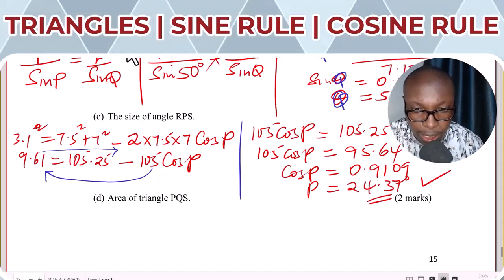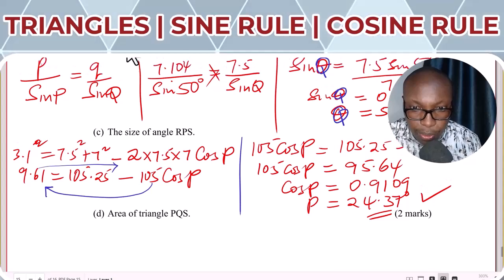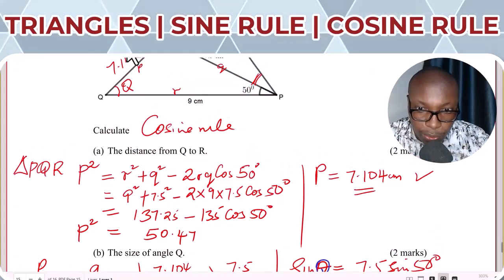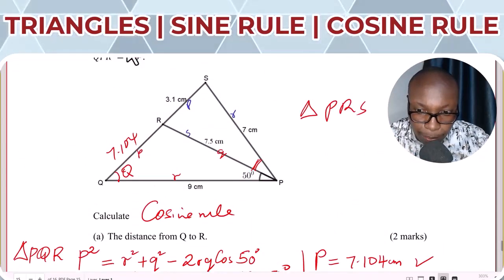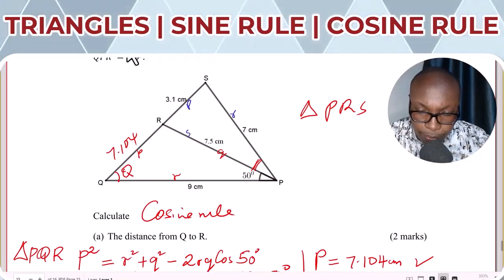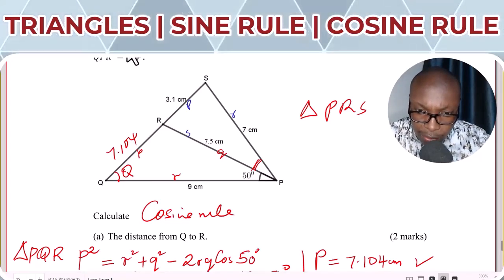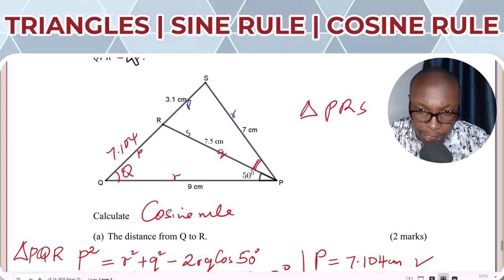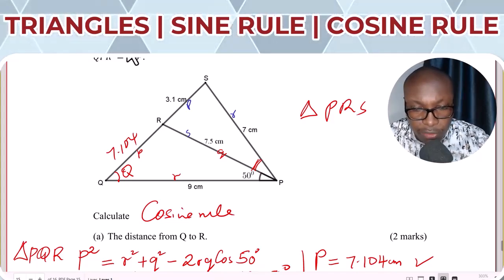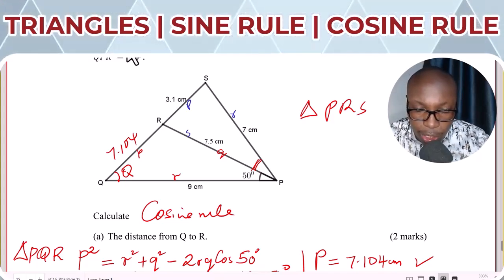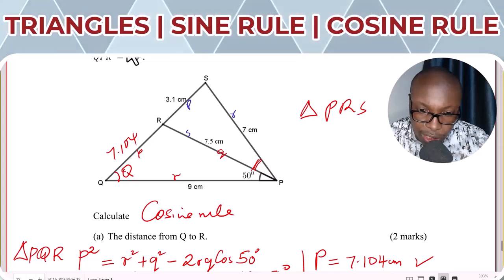Then the last question, the area of triangle PQS. So what is PQS? PQS is the bigger or the larger triangle. Now for that one, as long as we have two given sides and an included angle, we can solve this so easily.